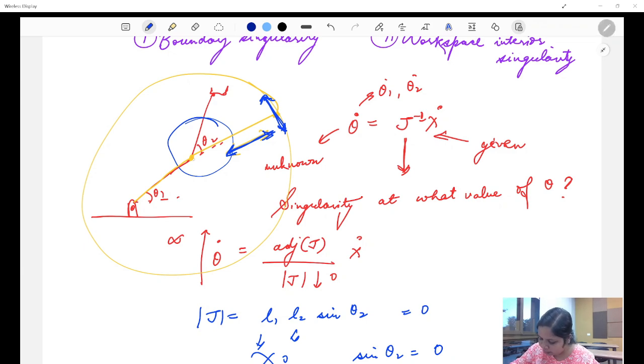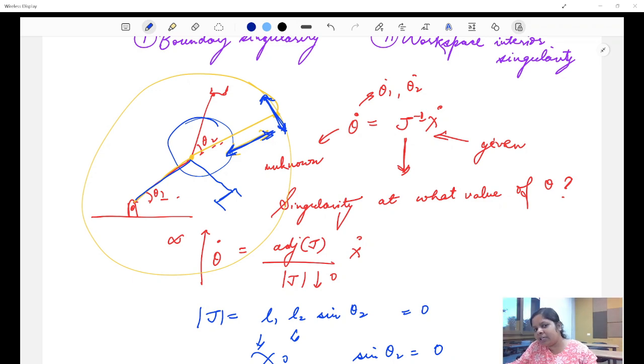Whereas if the manipulator were somewhere here in the workspace, you would be able to move in all the directions, utilizing both theta 1 and theta 2. But in this case, theta 2 goes to 0 and you cannot move it anyway. You can just traverse the circle and move along the tangents of the circle.